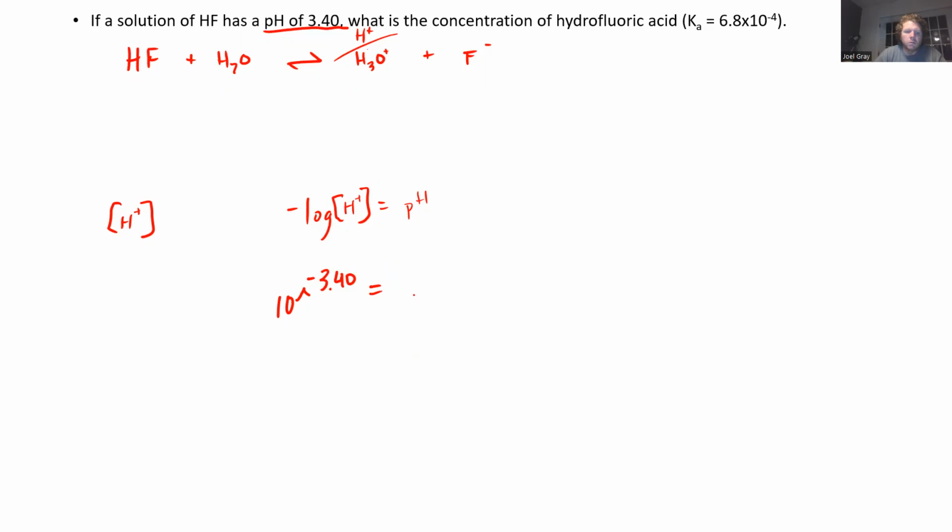That's going to be, well, 3.98 times 10 to the negative fourth. So that gives us our hydrogen ion concentration at equilibrium. Okay.